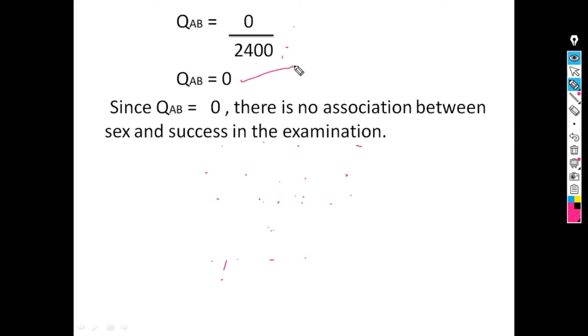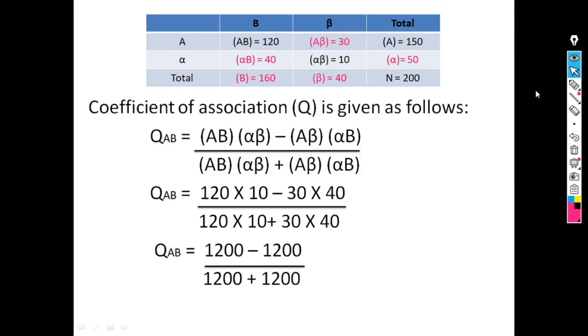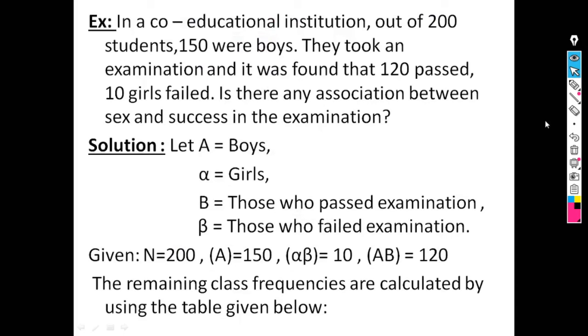And as we know, if Q of AB is equal to 0, then there is no association between the two attributes. So here Q of AB is 0, so there is no association between sex and success in the examination. In this way we can calculate Yule's coefficient of association for deciding whether there is any relationship between two given attributes or not.